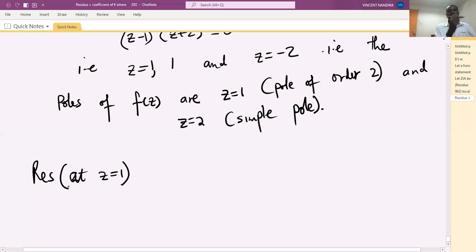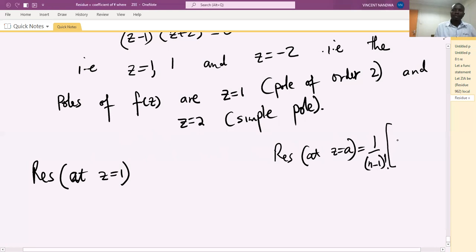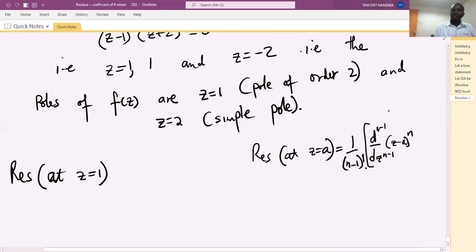Now, because z equals 1 is a pole of order more than 1, we use the formula: residue at z equals a is given by 1 over n minus 1 factorial times the n minus 1 derivative of z minus a to the power n times the function f of z, and then this is evaluated at z equals a.